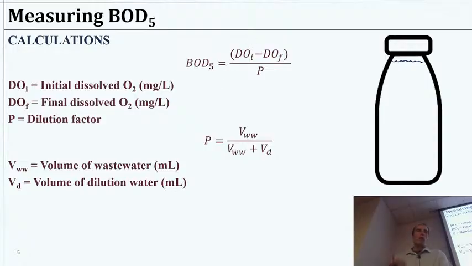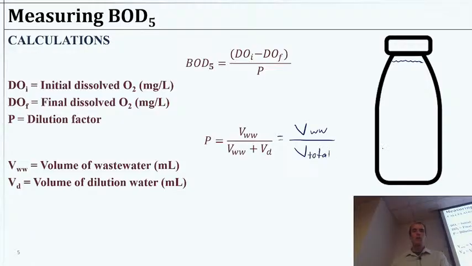So our BOD5 will be equal to that number minus the final number that we have, and we'll divide that by whatever dilution factor we had to use. So P being a dilution factor, and that would be some volume of wastewater divided by the total volume. So this would be V wastewater divided by V total.